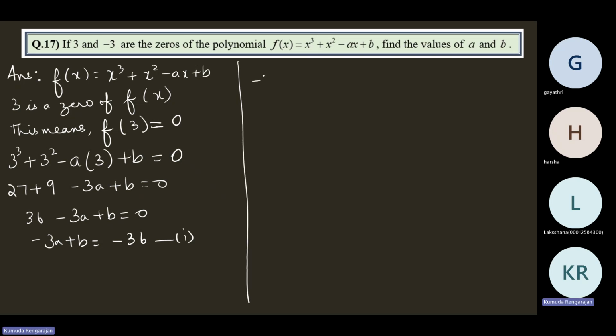Then we also have minus 3. Minus 3 is a zero of f of x. So this means f of minus 3 is also 0.